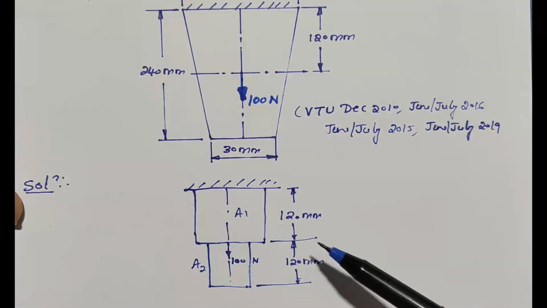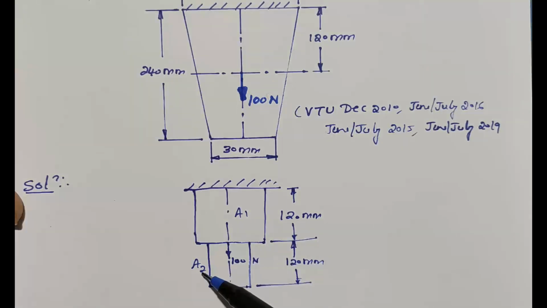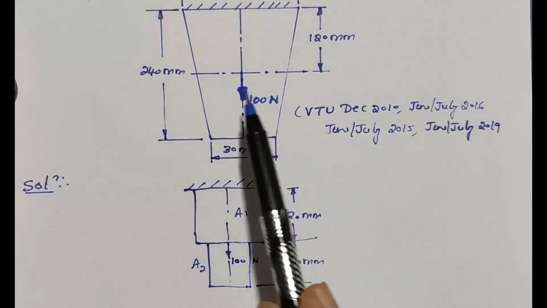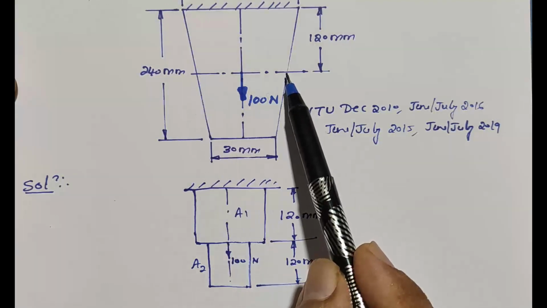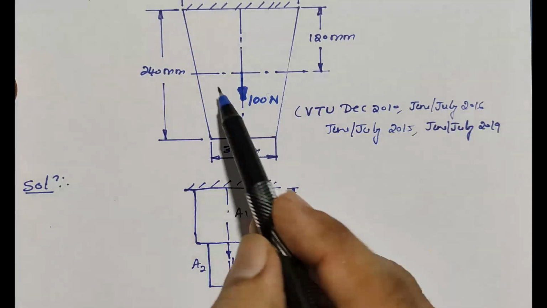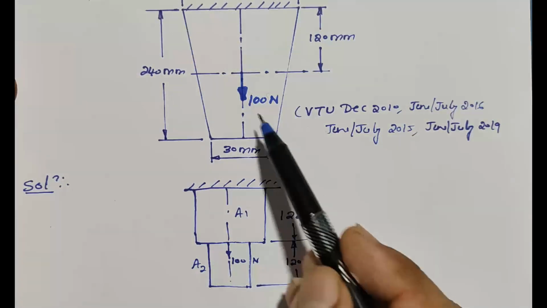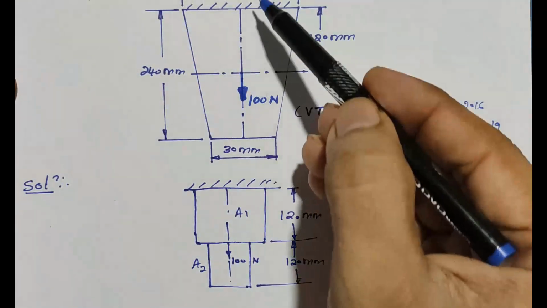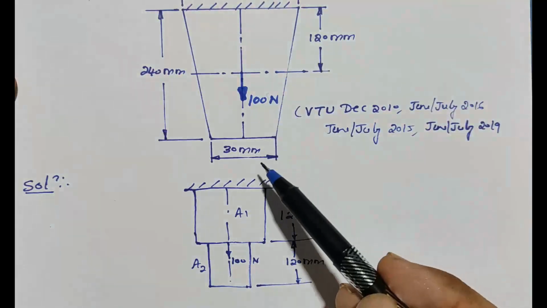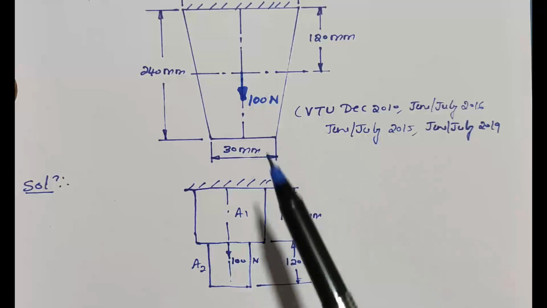Now I have to calculate the area 1, that is area of first step, and area 2, area of the second step. For that, first we will find out the width of this tapered bar at the center. This width will be, since it is a uniformly tapering bar, the width at the center will be average width of these two. Means if you take the average of 60 mm and 30 mm, you will get the average width at the center of this tapered bar.